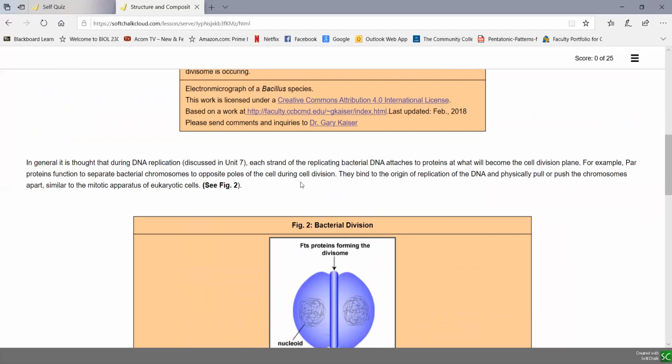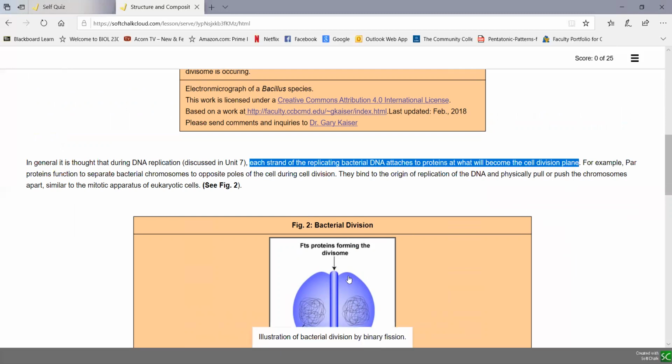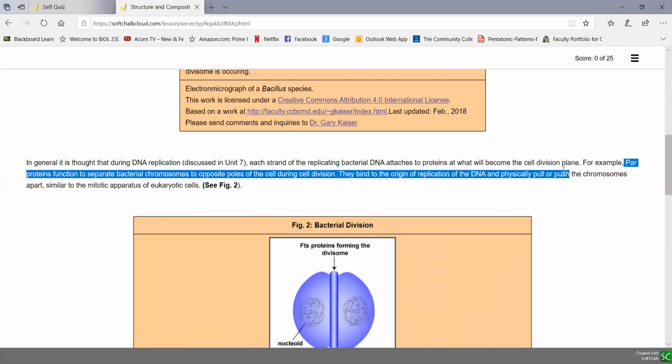So during DNA replication, each strand of the replicating DNA attaches to proteins at what will become the cell division plane, in an area where a division organelle called a divisome is made that we mentioned previously under the cytoplasmic membrane. And there are proteins called PAR proteins that function to separate the bacterial chromosomes to opposite poles during the cell division.